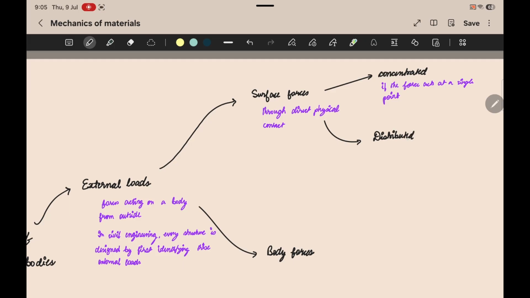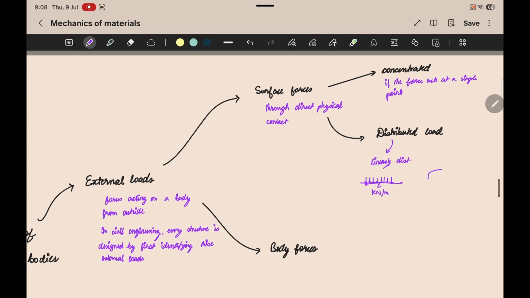This mainly happens when the load is either applied on a straight line, which is called a linearly distributed load, or the load is distributed over a surface area. So, it might be linearly distributed in a straight line and can be expressed in kilonewton per meter, which is load applied over a specific length, or it can be distributed in some specific area.